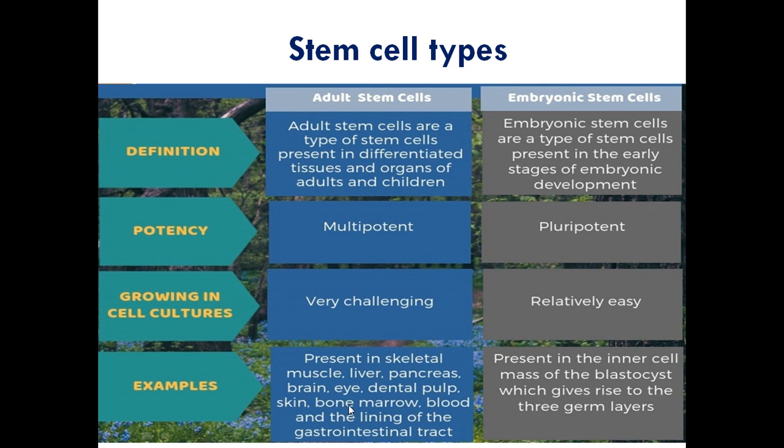Inside the bone marrow, the process carried out is called hematopoiesis, which means the production of blood cells. Blood cells include RBCs, WBCs and thrombocytes. Many cells are present and they are related to each other. So multipotent means different types of cells that are related to each other, and these kinds of cells will be produced with the help of adult stem cells.